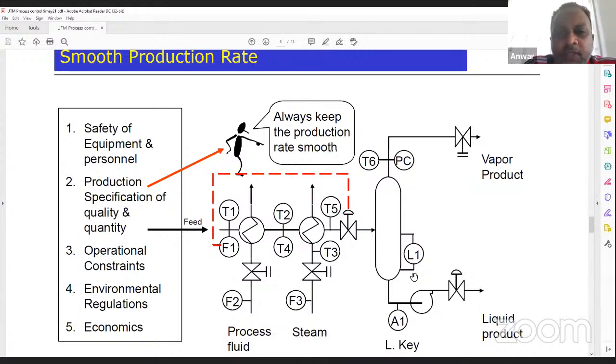Basically, when you have off-spec product and you need to rework those products, that will be considered lost time, as you need to rework that material again to make a good product.